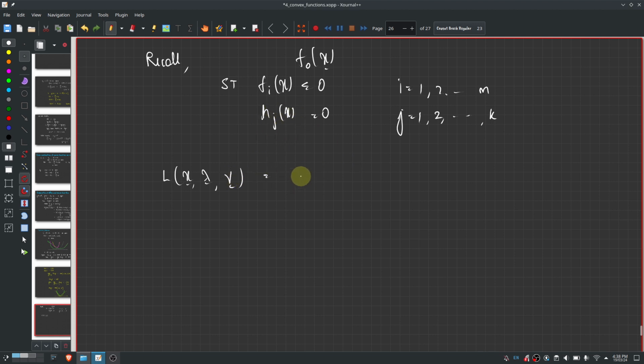We defined this as equal to f0 of x plus summation i equal to 1 to m lambda_i f_i of x plus summation j equal to 1 to k nu_j h_j of x. Right?